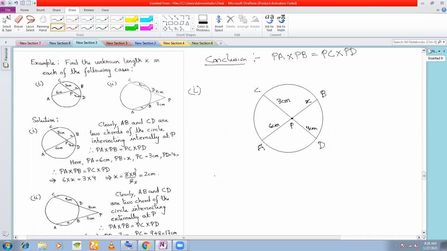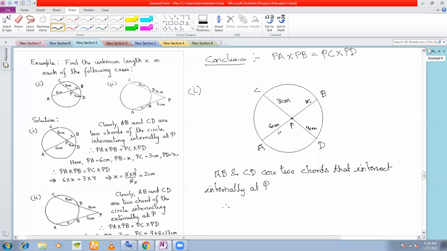So what we start by saying is AB and CD are two chords that intersect internally at P. Therefore, the product of the length of the segments must be equal.